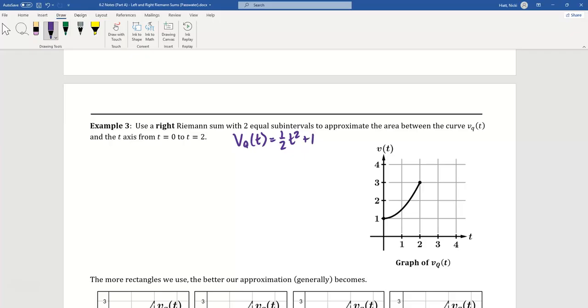And so the right Riemann sum means that the right vertex of the rectangle is on the curve. Now, I like that you said, does that mean it's going to be above the graph? For this one, it does. But is that always the case? No.